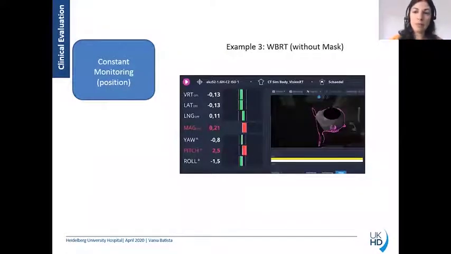Another example, in this case a whole brain radiation therapy treatment, is a patient who is not able to tolerate a mask. Here you can use Align RT to position the head of the patient and monitor along the treatment that the patient keeps the same position along the entire treatment.